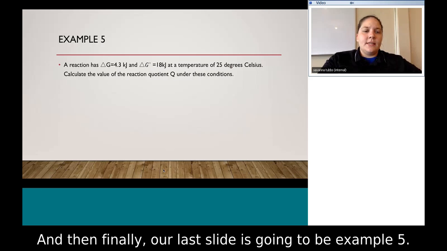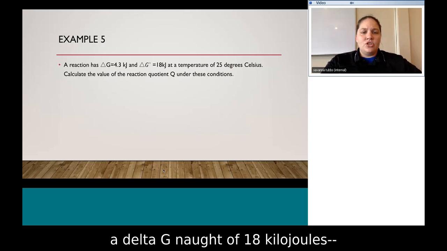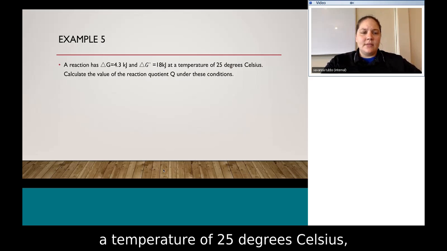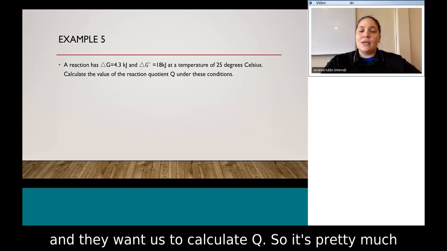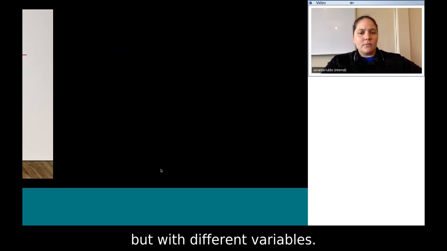And then finally, our last slide is going to be example 5. A reaction has a delta G of 4.3 kilojoules, a delta G naught of 18 kilojoules, so we'll have to convert these to joules, a temperature of 25 degrees Celsius, and they want us to calculate Q. So it's pretty much the exact same problem we did before, but with different variables.